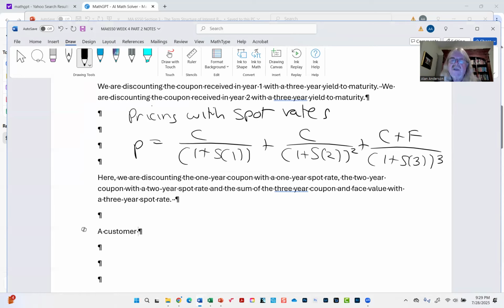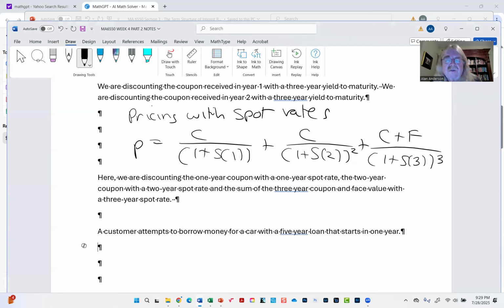A customer attempts to borrow money for a car with a 5 year loan that starts here. Oh, now we're getting tricky here. In other words, he says, listen, I'm going to buy a 5 year car next year.